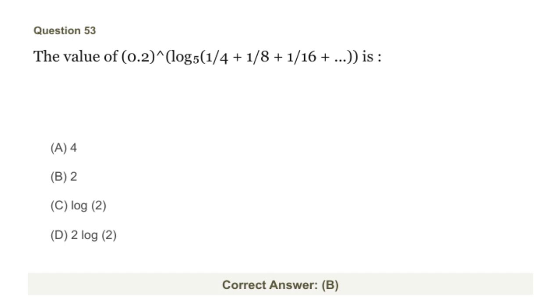Since 0.2 is 1/5, and the logarithm is log base 5 of 1/2, this expression simplifies significantly. Using the property that a log b c equals c log b, or equivalently rewriting the expression, we find that the value simplifies to 2. So based on this reasoning, the correct answer is 2, which corresponds to option B.